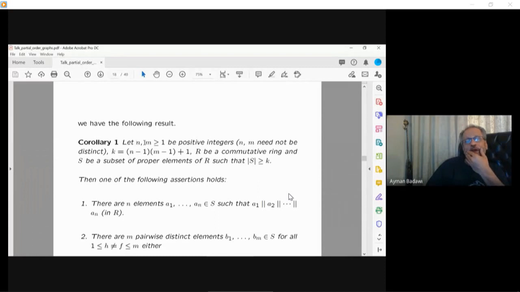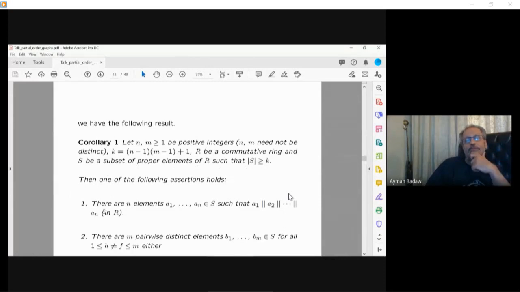What did I take, 3 and 4? Or did I change to 4 and 5? I think 4 and 5. Sorry, so n is 4, m is 5. If n is 4, then I have 3 times 4. So n is 4 and m is 5, and I took a random set from Z with 13 numbers minimum.